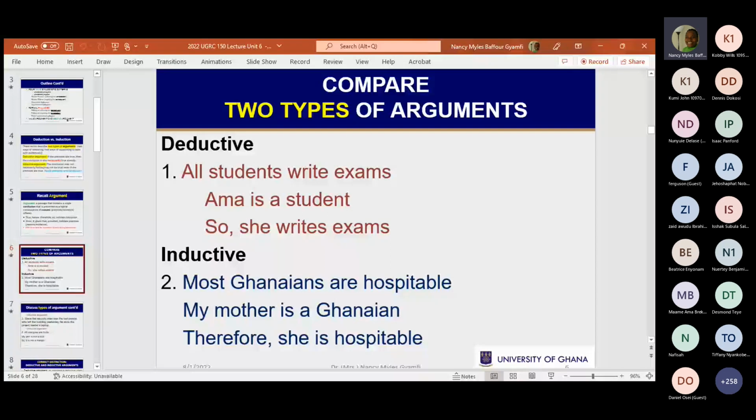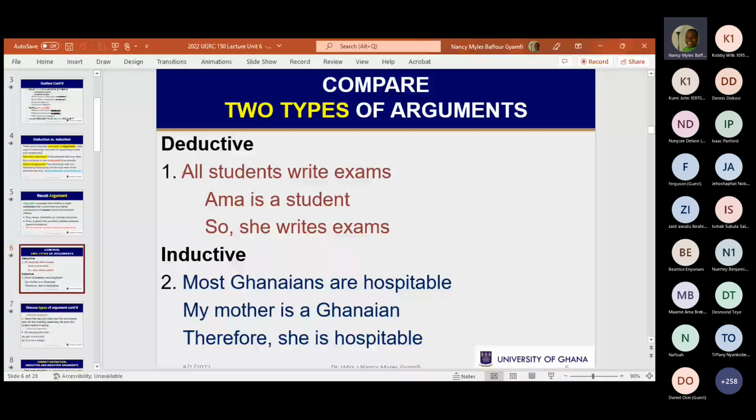All right. For the types of deductive argument, we started looking at modus ponens, modus tollens, hypothetical syllogism, and disjunctive syllogism. We said they are all syllogisms because they are two premises leading to a single conclusion, and they are all deductive. So if you have a deductive argument with two premises and a conclusion, we call it a syllogism.